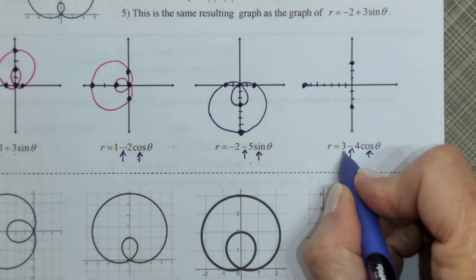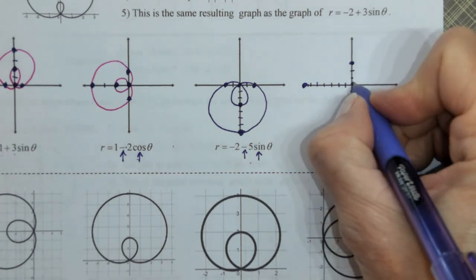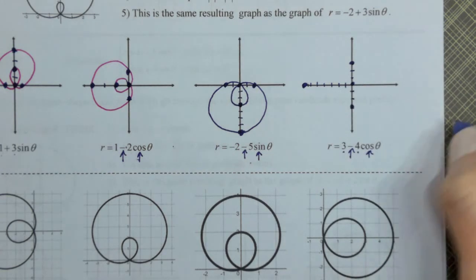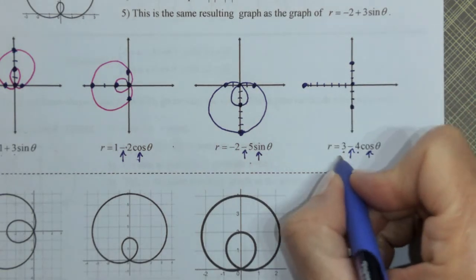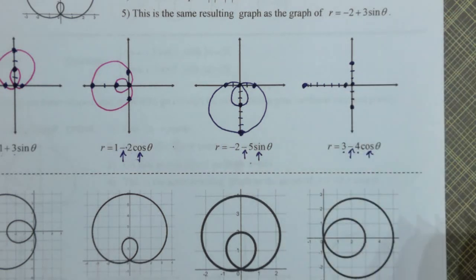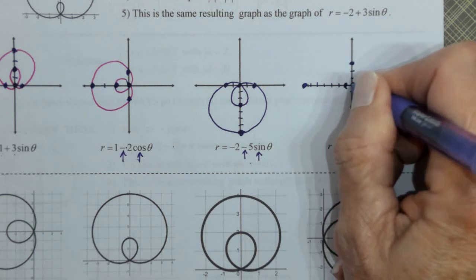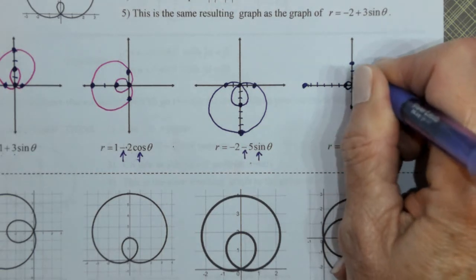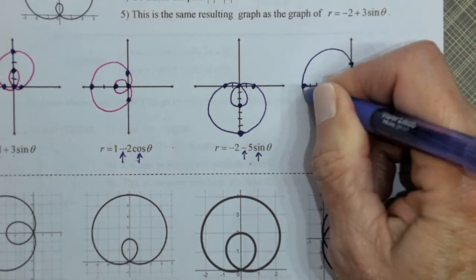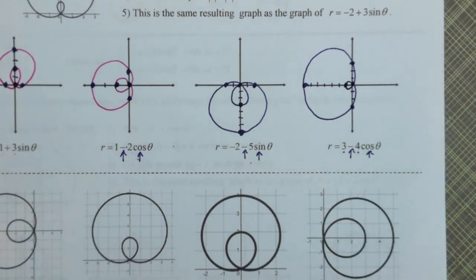Okay, 3 is littler than 4, so we're going to go through the origin and bump inside 4 minus 3, 1 unit. So it's going to be a teensy little loop, but it is still going to be fat, so something like that. Okay?